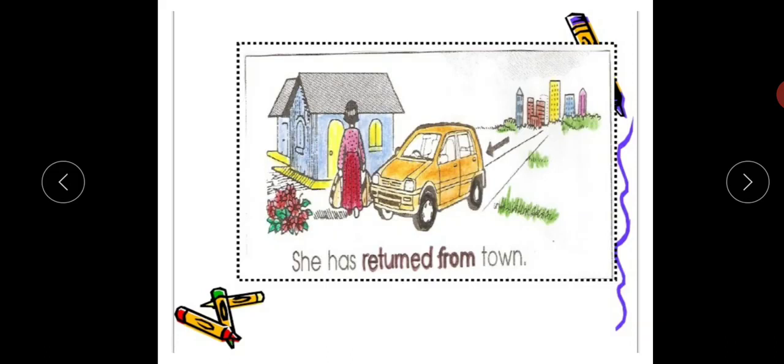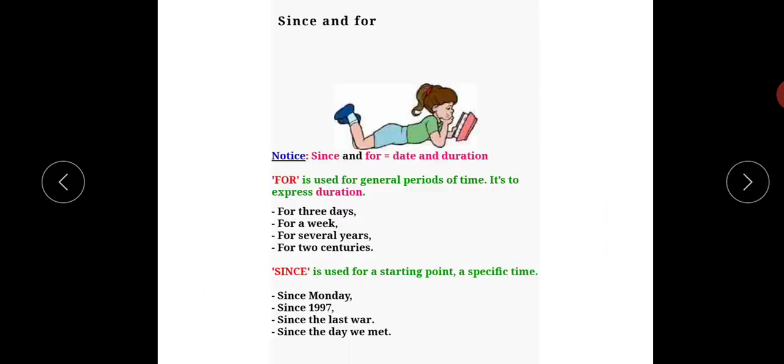So thus prepositions of movement are used to show direction of movement to and from a fixed point. Yes. The next one is since and for. You can see now, when you say since, you know that it refers to a particular point of time. That is from a point in the past until now.